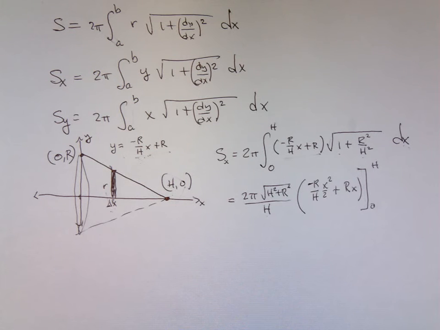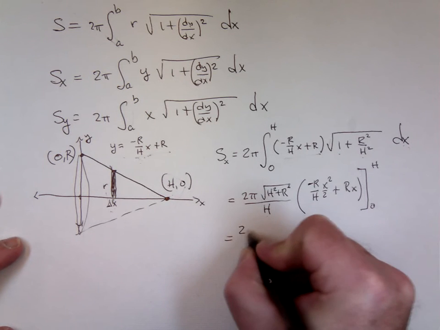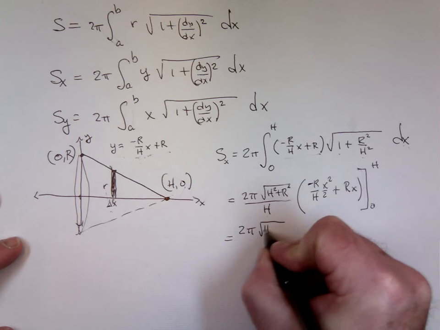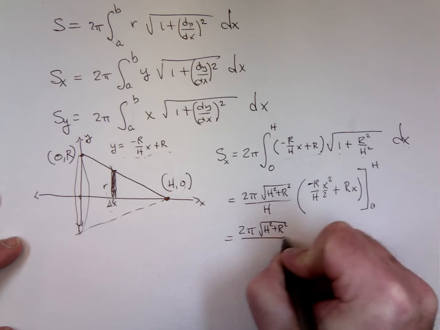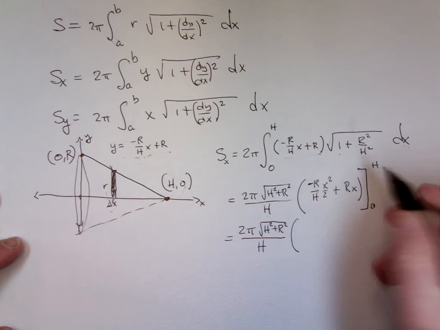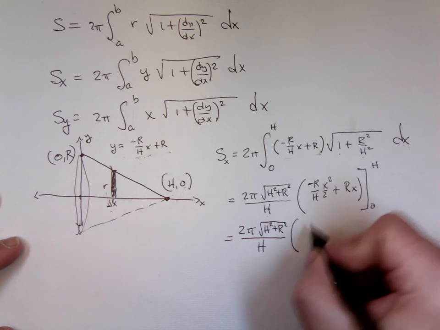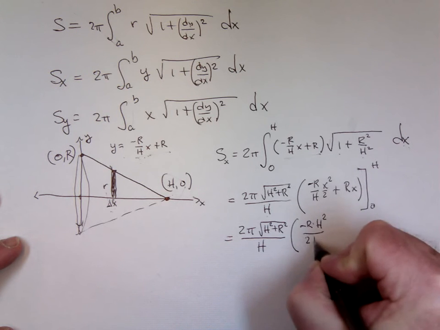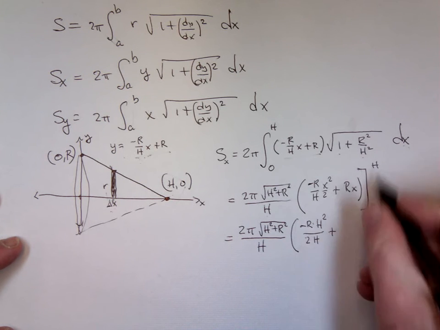How we doing? I take it that means good. All right. So we get 2 pi square root of h squared plus r squared all over h. Let's chuck in an h for x. So we're going to get negative r h squared over 2h plus rh minus 0 minus 0.